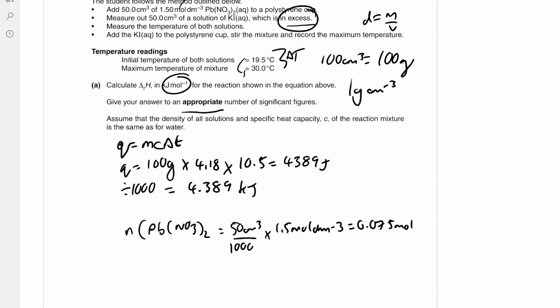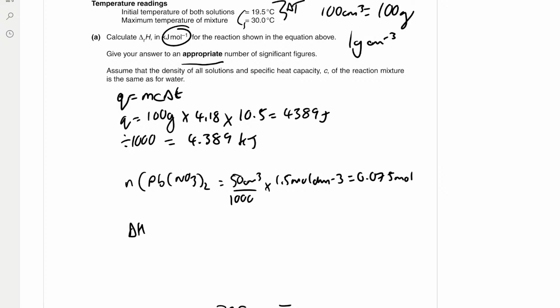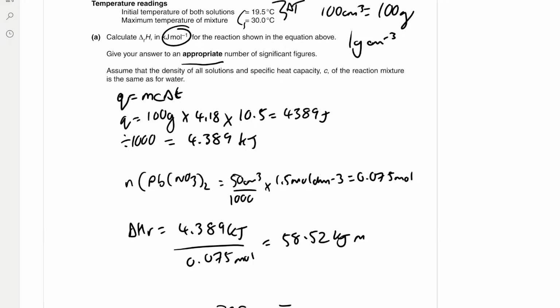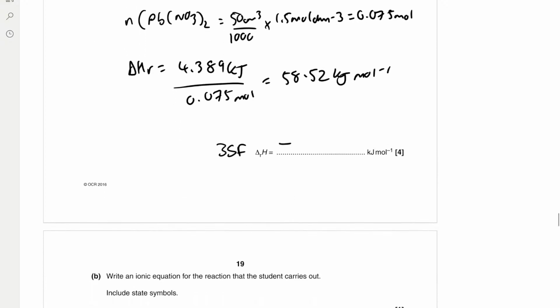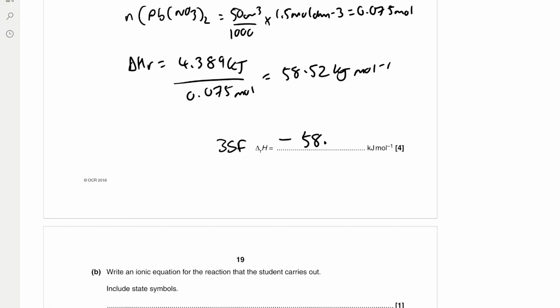And then we can use that to find our enthalpy change of reaction by dividing our kilojoules, our energy released, by our moles to get our enthalpy change value in kilojoules per mole. So always pay attention to the units that you need to use, which is 58.52 kilojoules per mole. But as we said earlier, we need to give it in 3 significant figures. So that's 58.5.